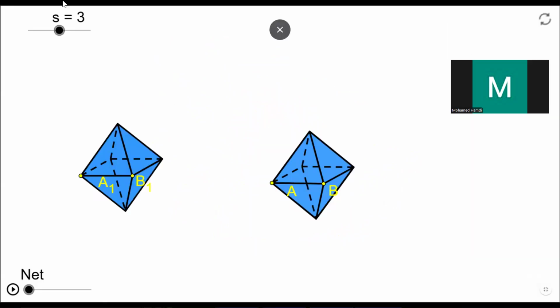This is a very special 3D shape which is called an octahedron. The octahedron seems like two square-based pyramids fit together. Octahedron consists of 8 faces. All faces are triangles.